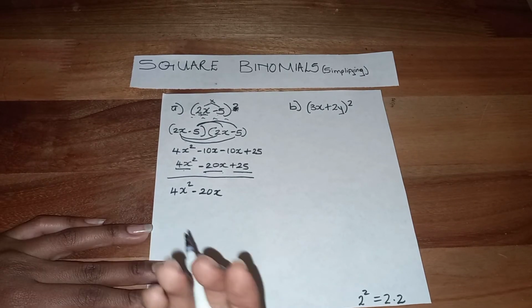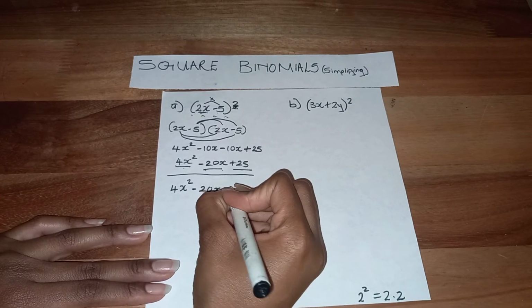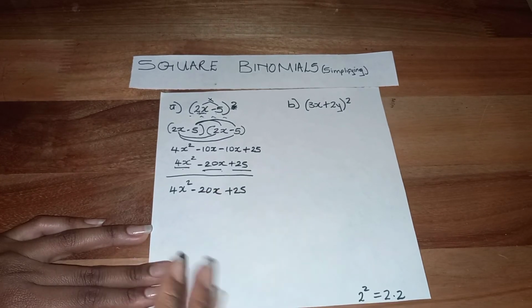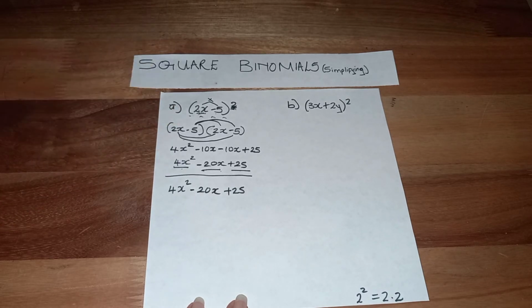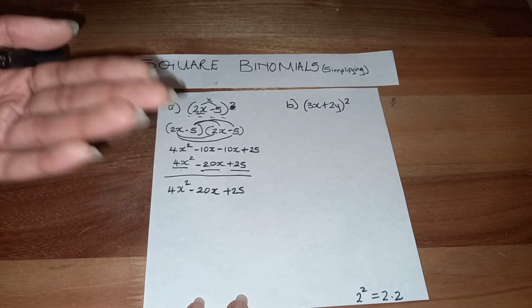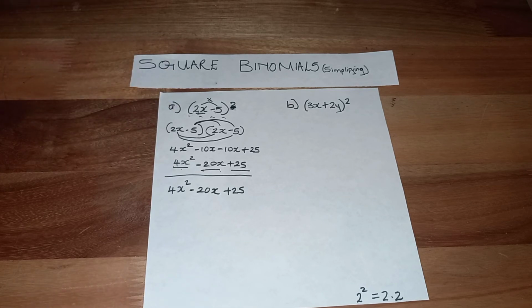Negative 5 squared, negative 5 times negative 5, is positive 25. So without having to go through all these steps, you can just go straight to the answer by firstly squaring the first term.